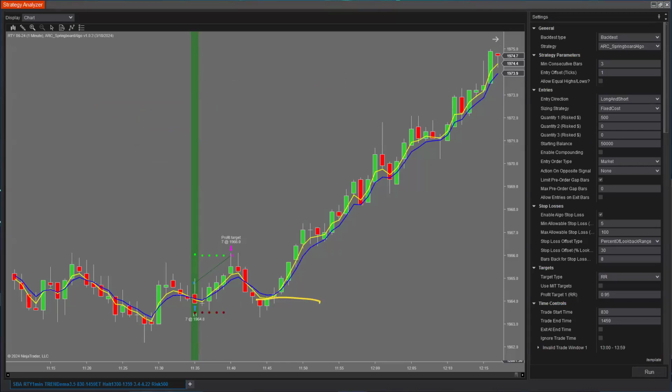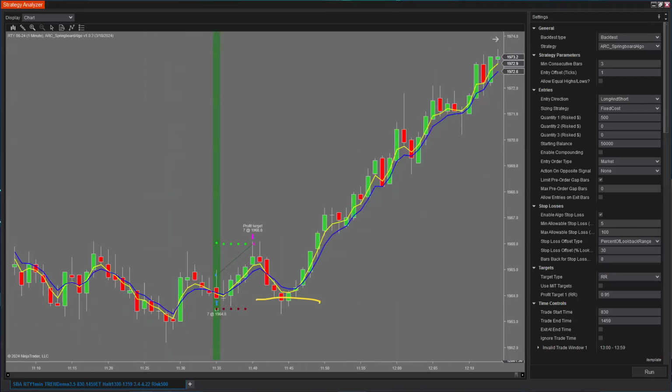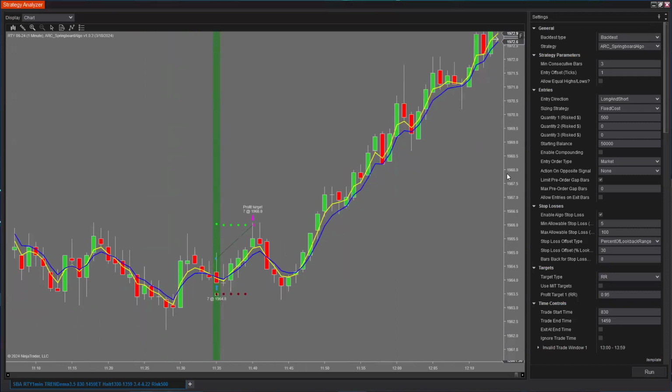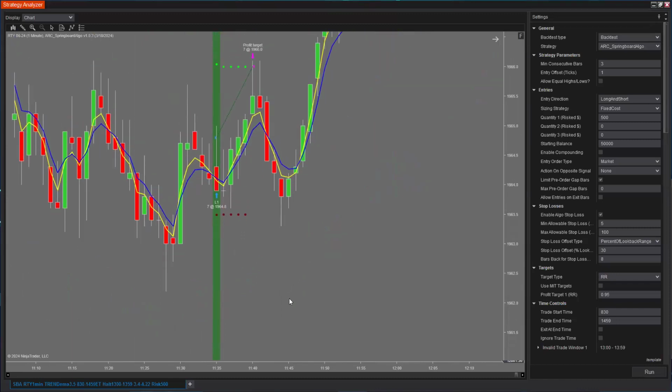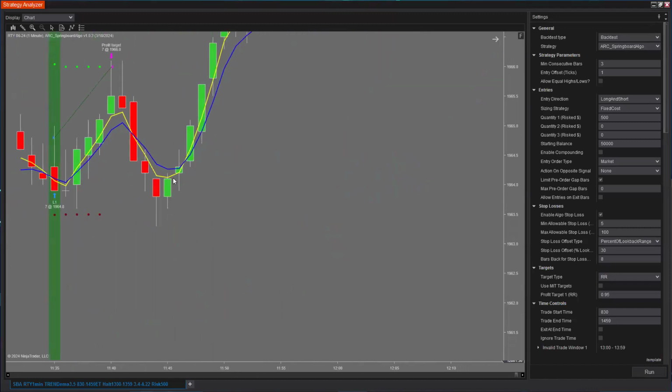Now, here's another fun fact. Let me go into here. Let's go into this one. Let's say our entry offset is not 1 tick. How many ticks was this as an example? This one is like 1 tick. So let's say it's set to 4 ticks as a break.